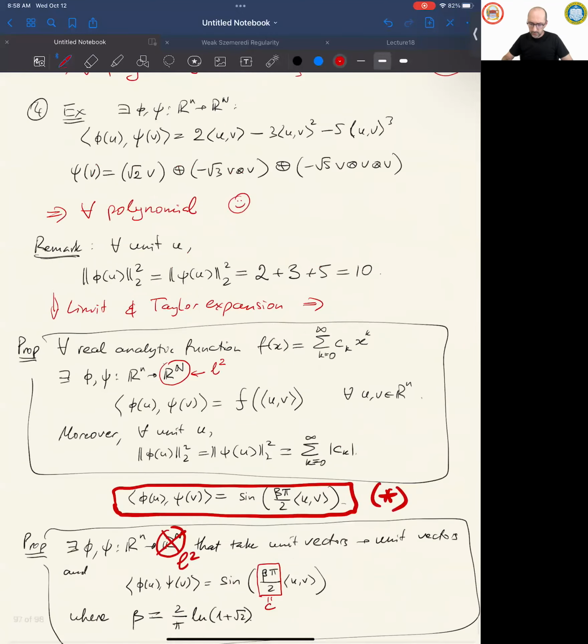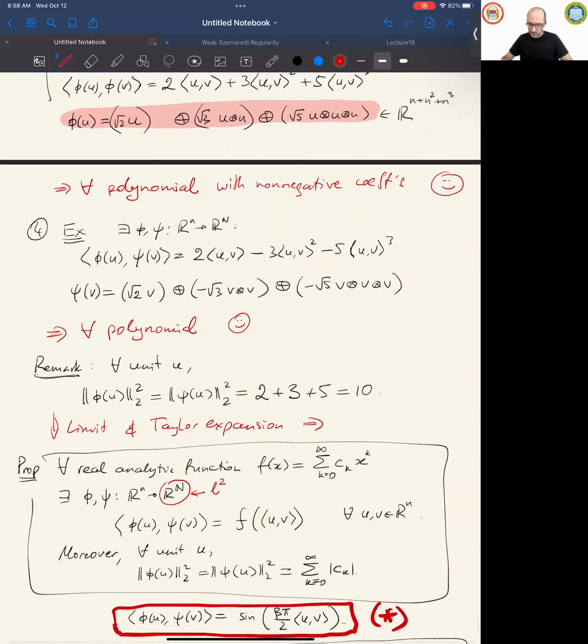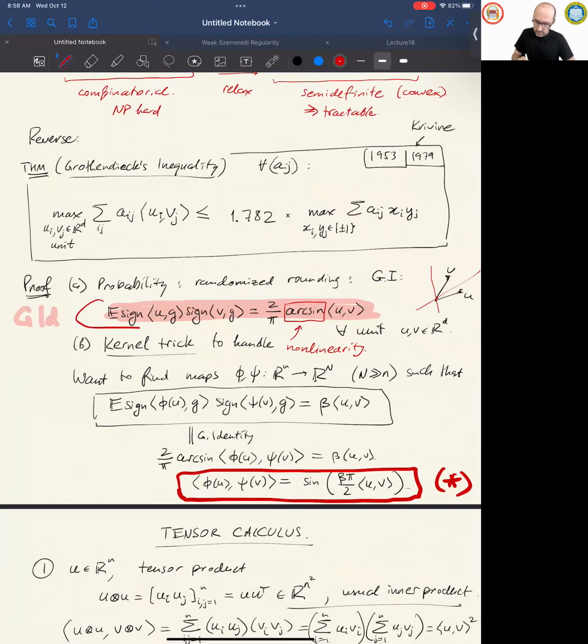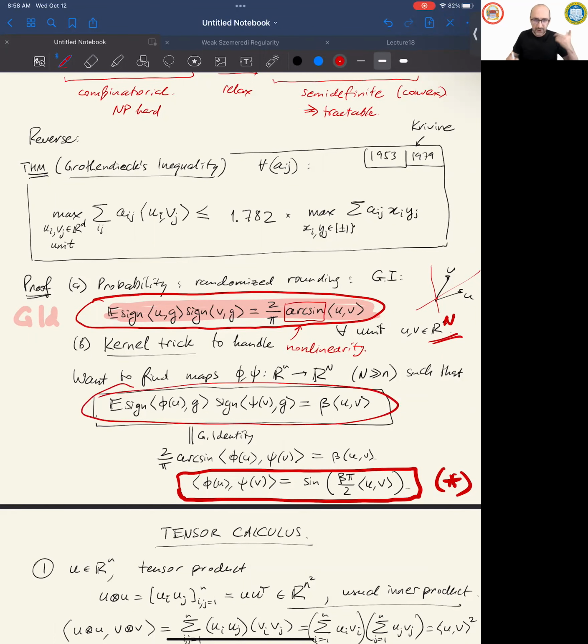Yeah, that's a very good point. So here, when we talk about Grothendieck's identity, we can't restrict them anymore because we actually will apply this in infinite dimensions.